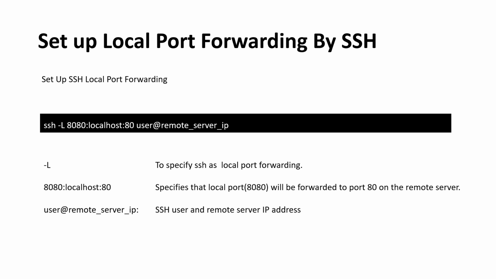In that case, we can use the option -R, the uppercase R, followed by the port number, the remote IP address or remote server, and then the remote port number. Okay, and then come the credentials for the SSH connection.